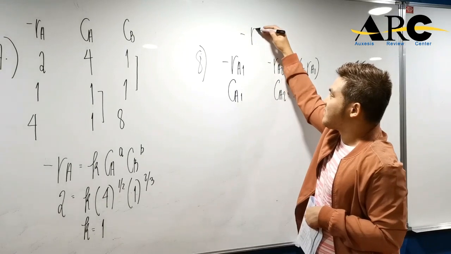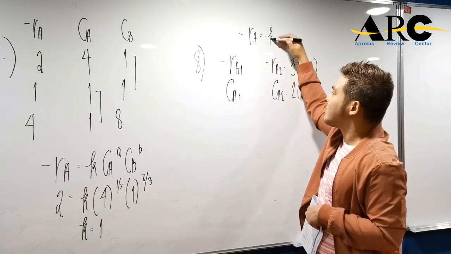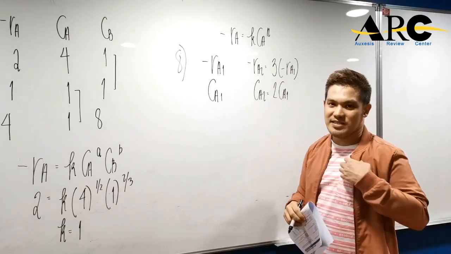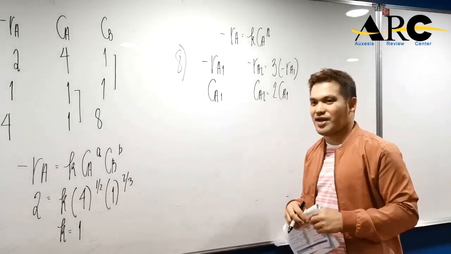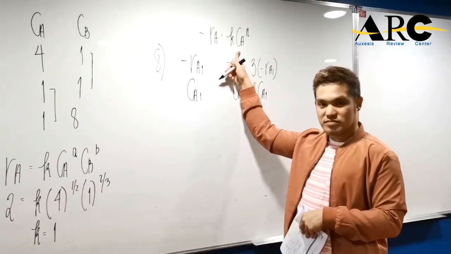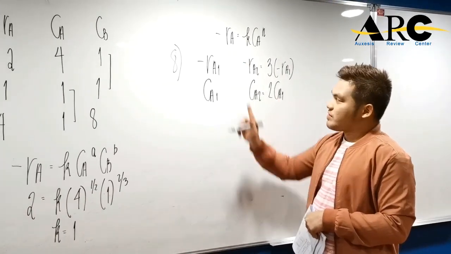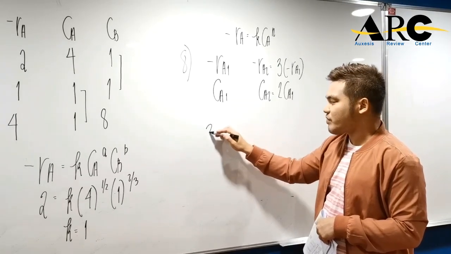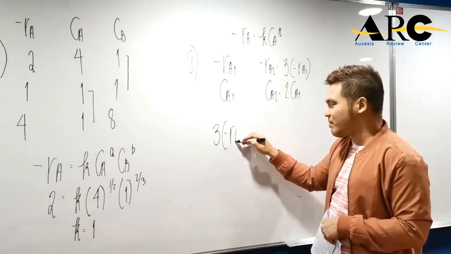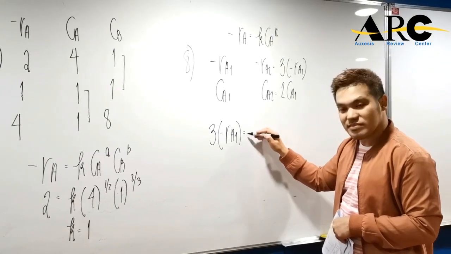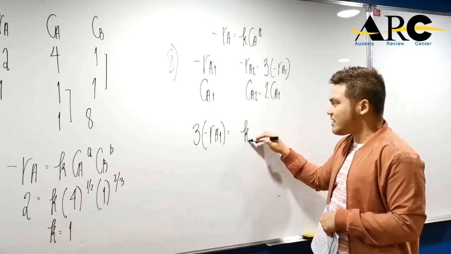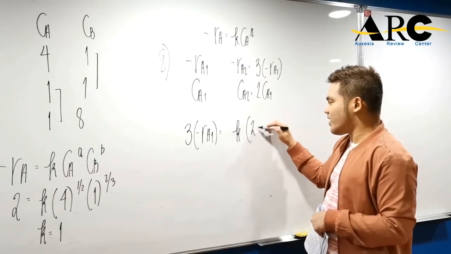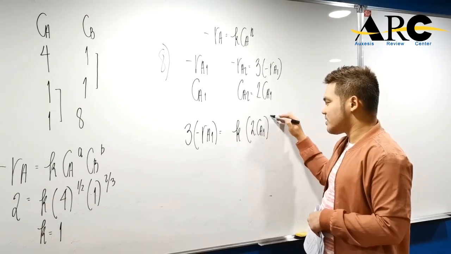So, alam naman natin that negative RA is K CA raised to n, according to law of mass action. So, assuming A lang yung reactant natin. So, substitute natin dito, we have negative RA2 which is thrice ng negative RA1, which is equal sa K CA2, which is twice ng CA1 raised to n.